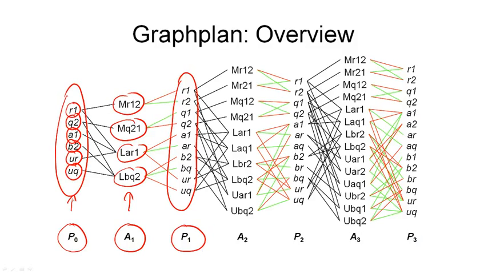And there are also some additional edges not shown in this graph, and these are edges that are internal to proposition and action layers and represent mutual exclusivity of these symbols being true. One important feature of this expansion step that comes first is that it runs in polynomial time, so it is fast.